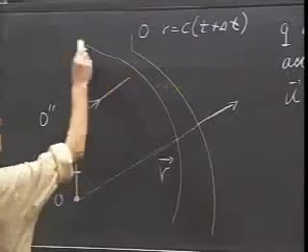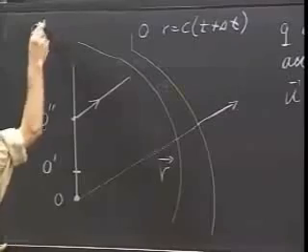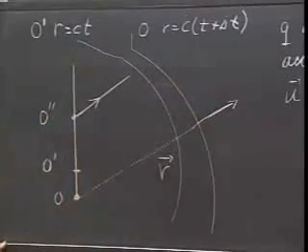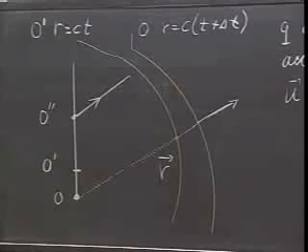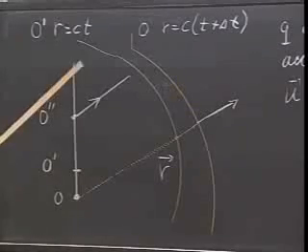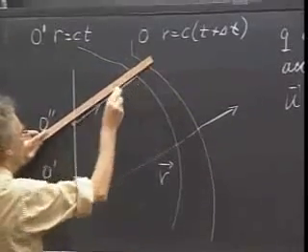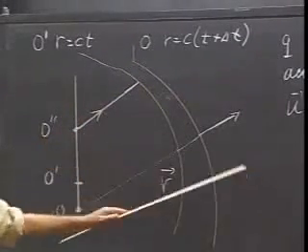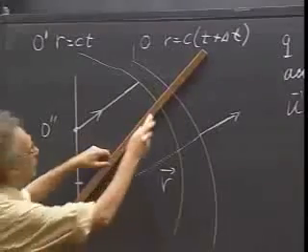It has the origin at O prime, and the radius is ct. Everything inside that sphere recognizes that the field is radially outward from point O double prime, and everything outside here still thinks that the electric field is like this.